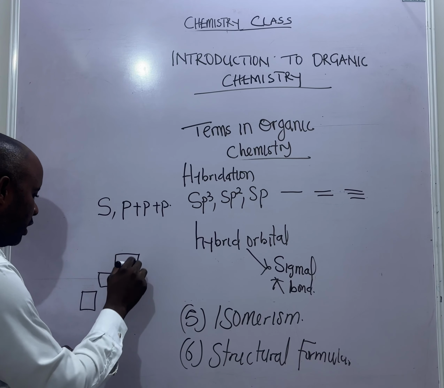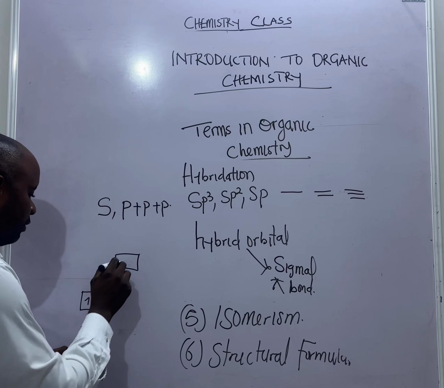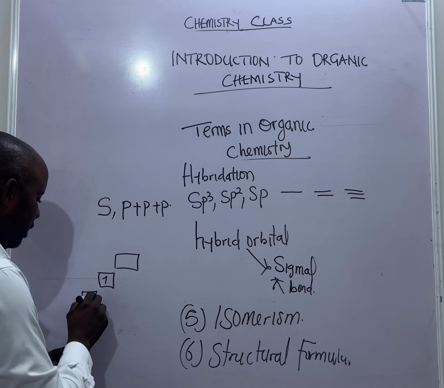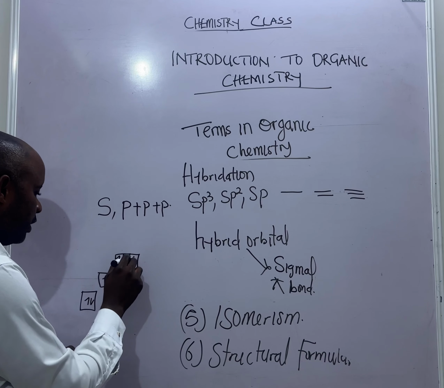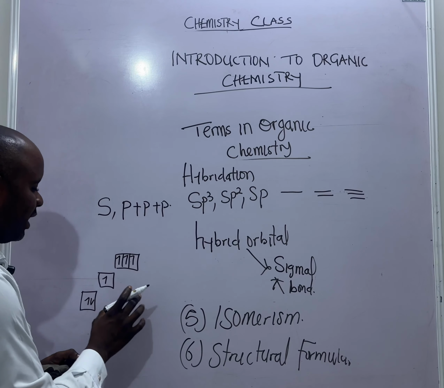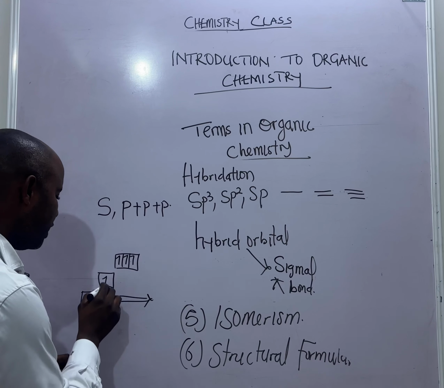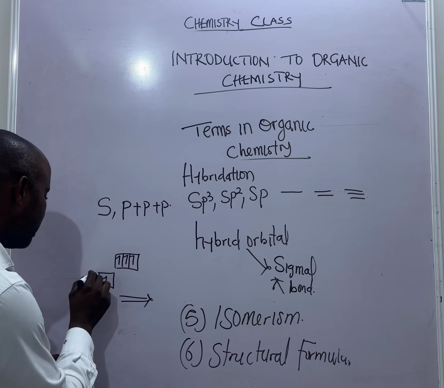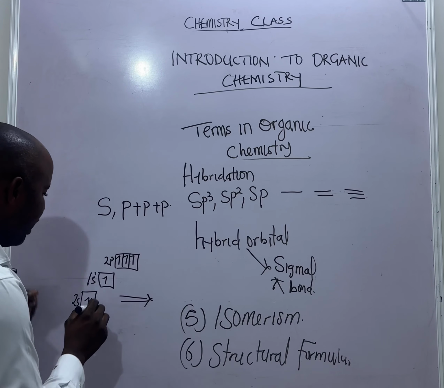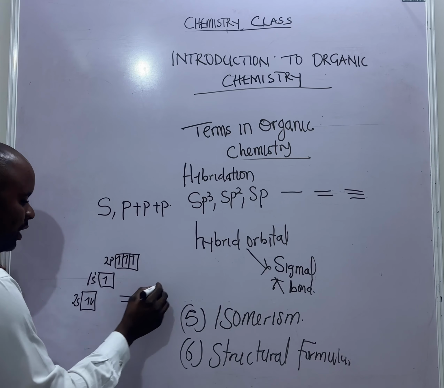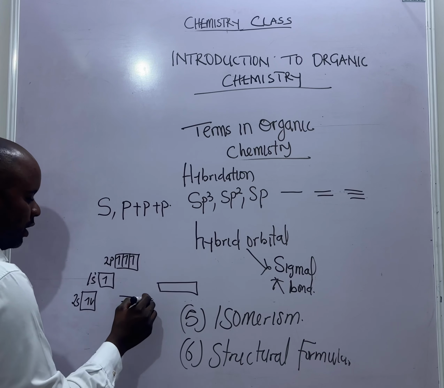We said this carbon is in the excited state. So we have the 1s, 2s, and the 2p. Here, one of these S is used for bonding.